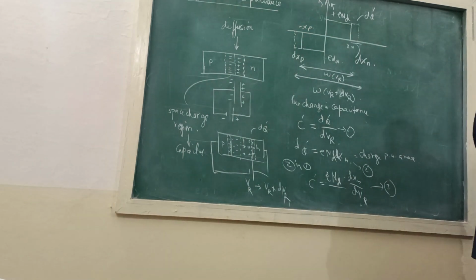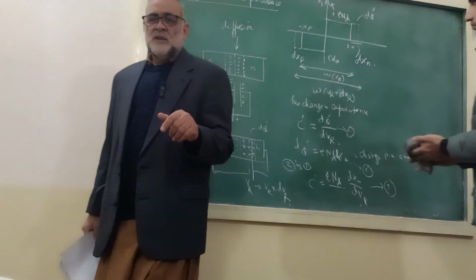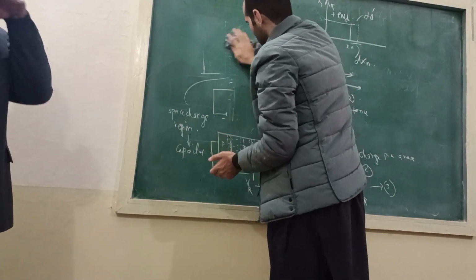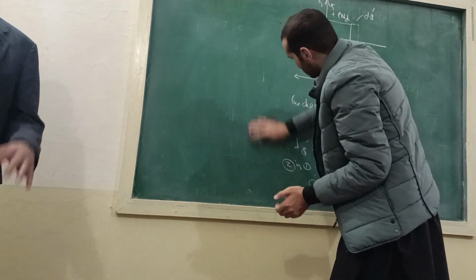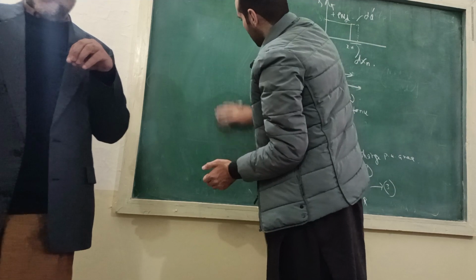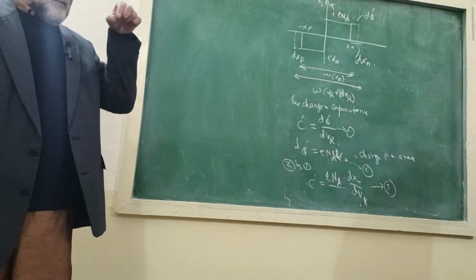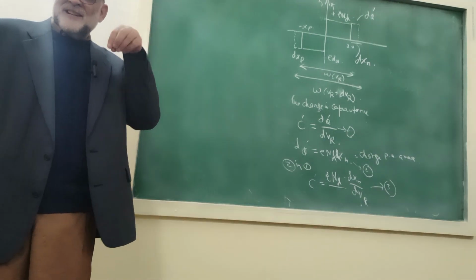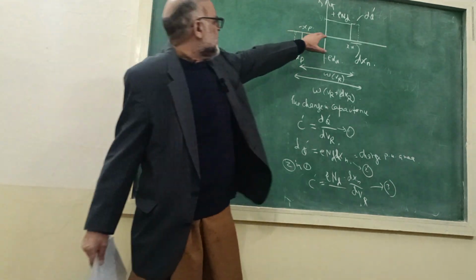When the doping is the same on the N type and the P type, x_n and x_p should be equivalent. But if the doping on one side is more, then the extension on that side is less. The charge dQ should be the same on both the sides.